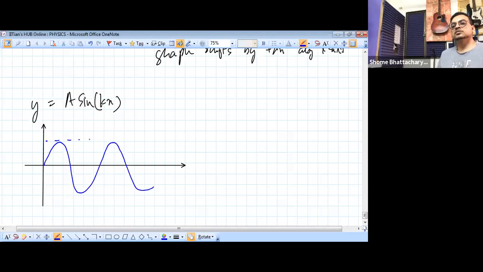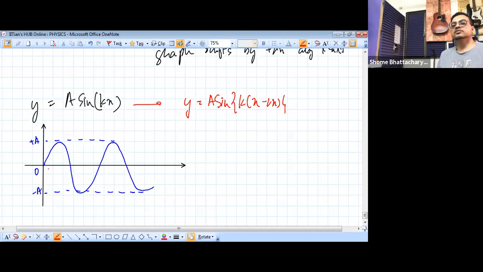Like this, y is varying between plus A and minus A. Now we transform this to y = A sin(p(x - delta x)).